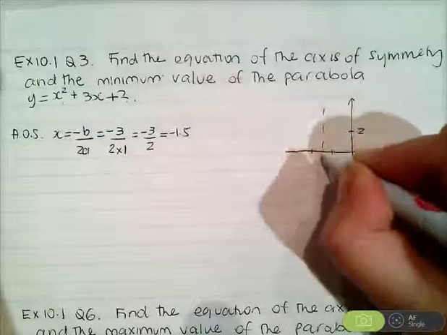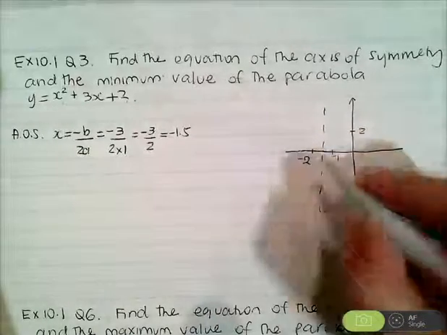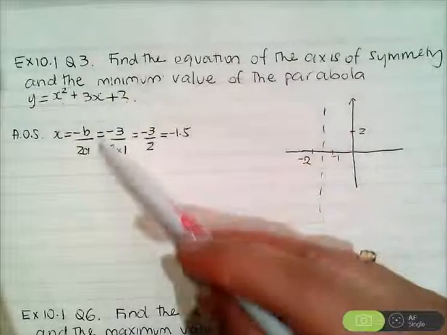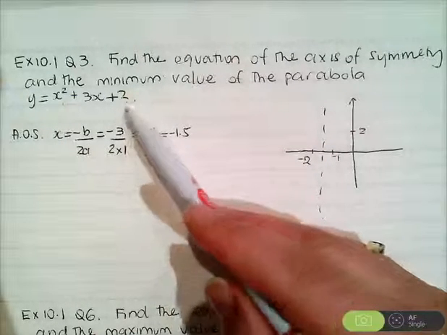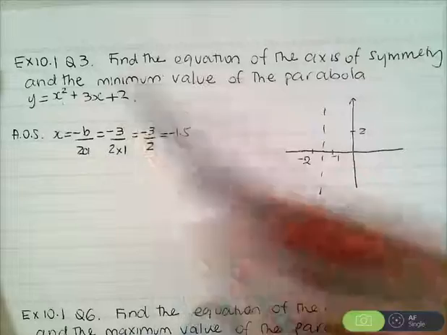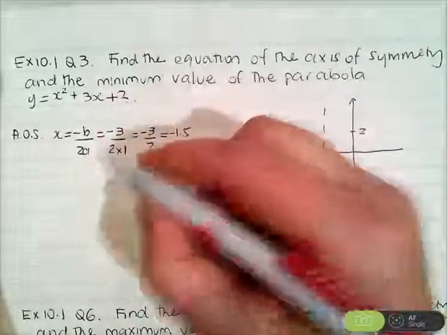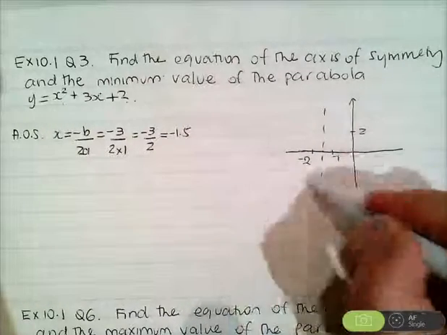I haven't worked out the x-intercepts because I haven't factorized it, but I could do that, and I will do that in a minute just to show you. Now I know it's concave up, so it's going to look like this.